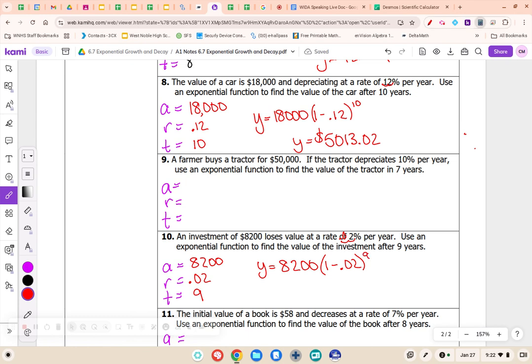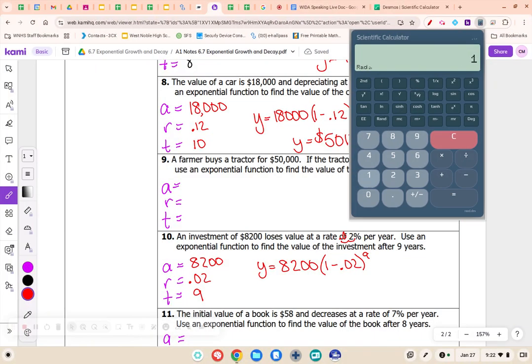Plug it into my calculator. 1 minus 0.02 to the 9th power times 8,200. So your investment after 9 years will be worth less than what you put it in. That is $6,836.73.